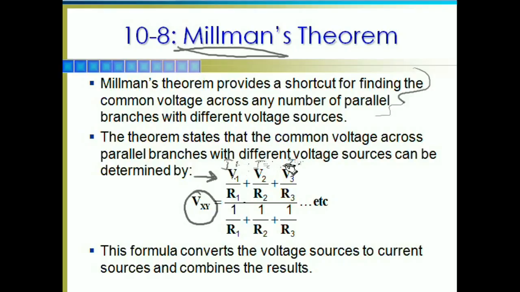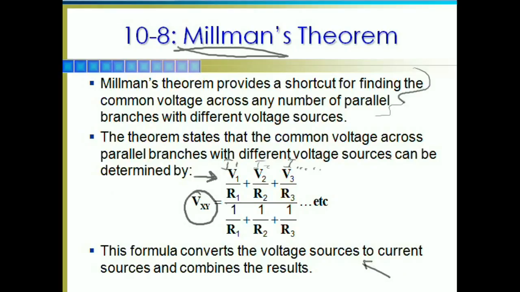I2 and I3, etc. So the current for each branch, the sum of the current of each branch over the sum of the conductances, or the total conductance for each branch.